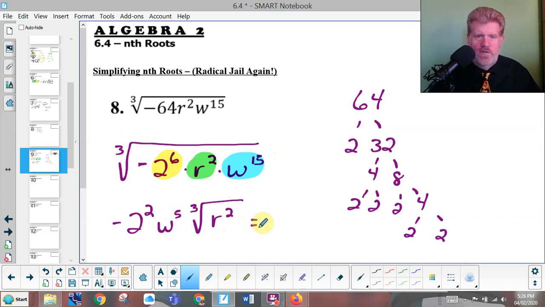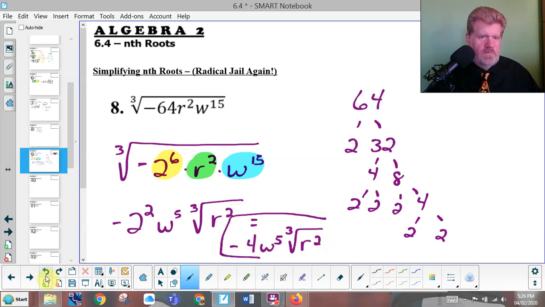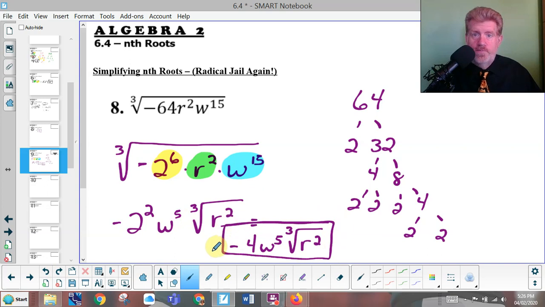So for right now, the way we're going to write the answer is this. Negative 4 w to the 5th cube root of r squared. Now later, I'm going to show you how to rewrite that so it looks a little bit nicer. But for right now, we're good. Okay?